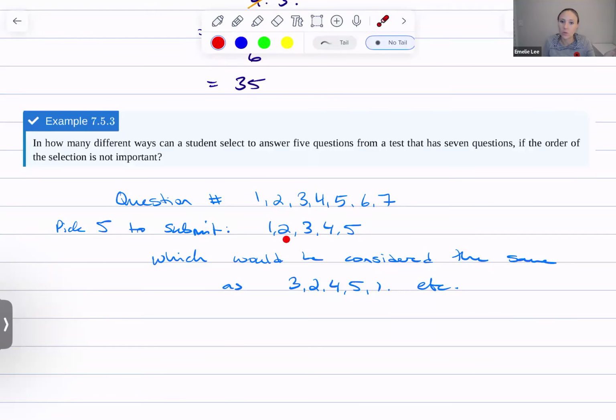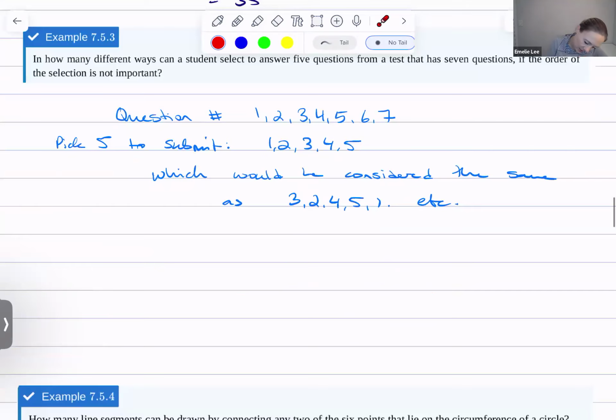Then let's say you pick 1, 2, 3, 4, 5. That would be the same selection as 3, 2, 4, 5, 1, right? You can just rearrange the order and then hand them in, and to your instructor, it would be the same thing. And so what that means is from 7 things, choose 5.